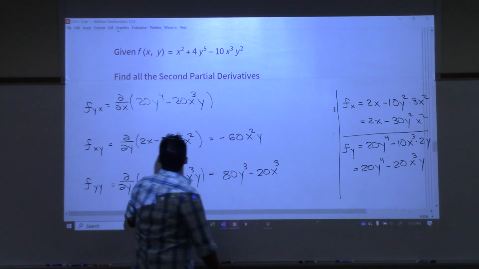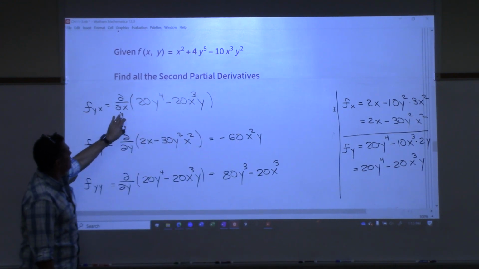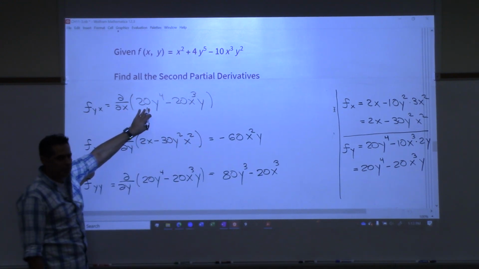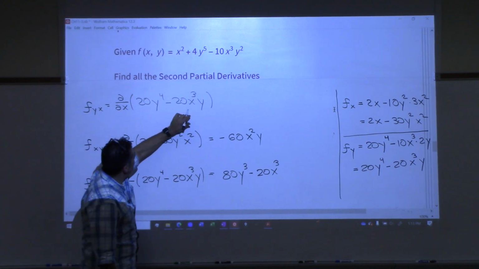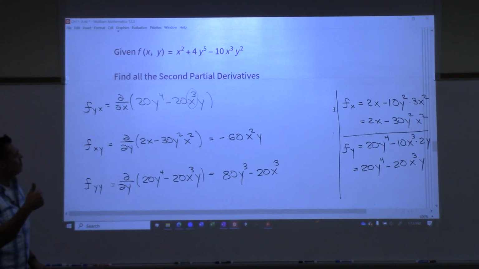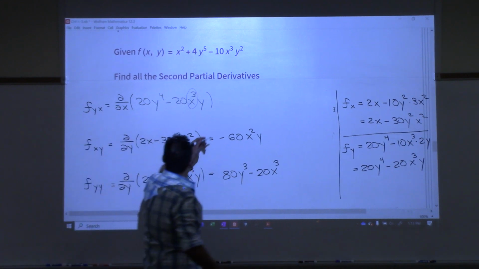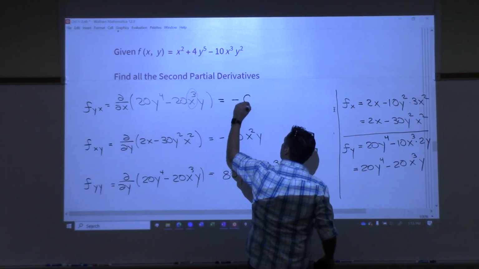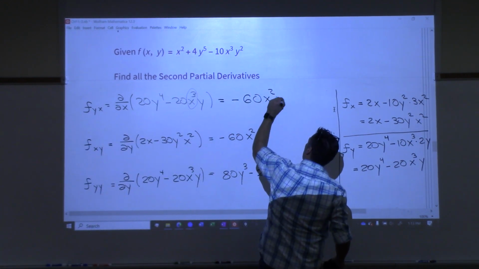And if I take the derivative of this with respect to x, that term goes away because y is a constant. And then here, the y is a constant, minus 20 is a constant, so I'm only taking the derivative of that, which means the 3 will come out, right, and give me a negative 60. That'll become an x squared. And I'll still have the y there. So negative 60 x squared y.